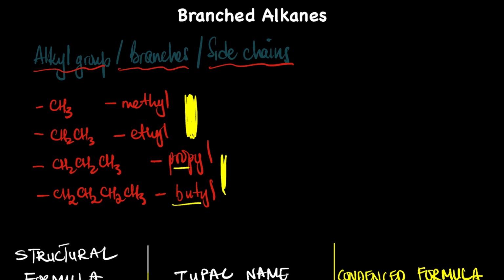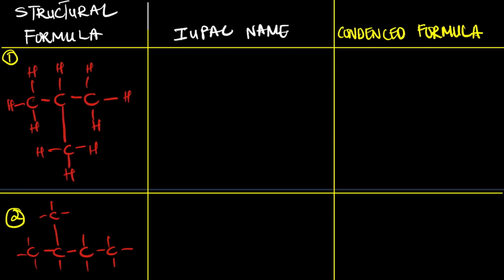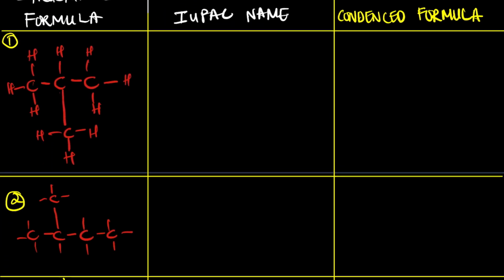Now let's look at an example. Guys, if you see this compound, if it was only these 3 carbons and there was no CH3 here, we would say it's a straight chain. Now this one is a branched chain, and this one is a branched alkane.